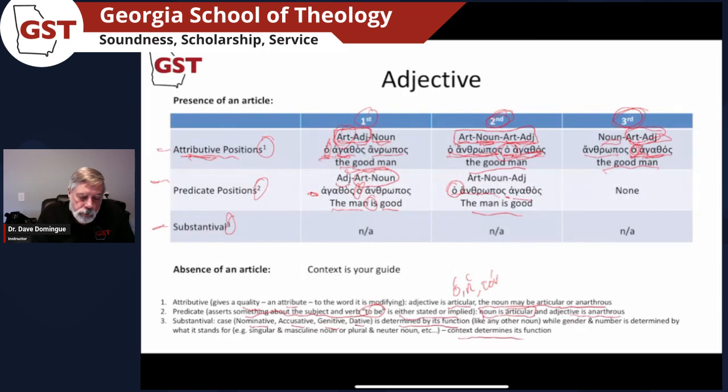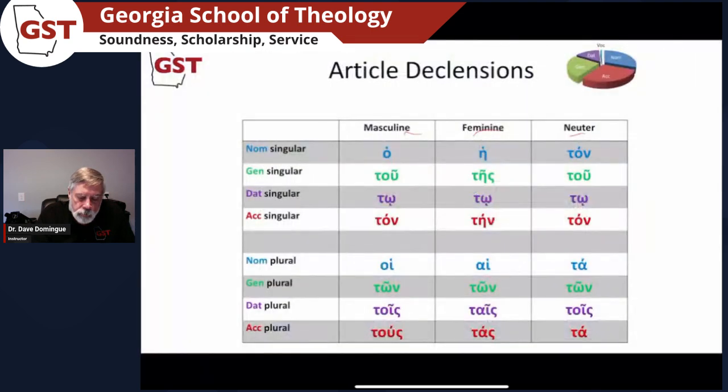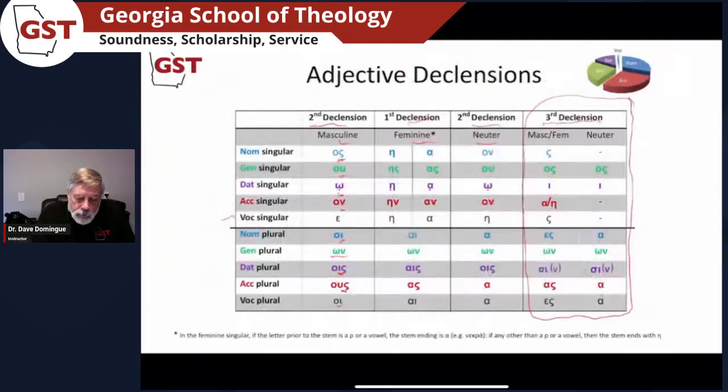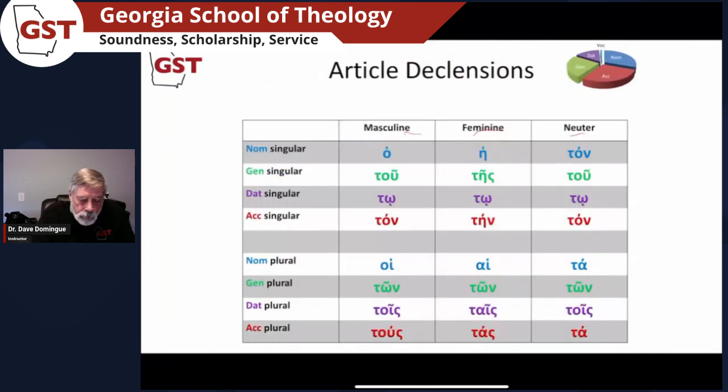And if we go back to our chart, this is one reason I have this here. You haven't done this yet, but we look at the accusative singular. See, there's an omicron nu ending. And here can be for our article. That's the article, right? Accusative singular, neuter, accusative nominative, neuter. It's got to be one of those three, right?